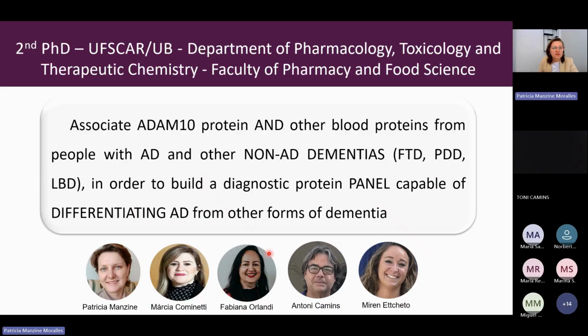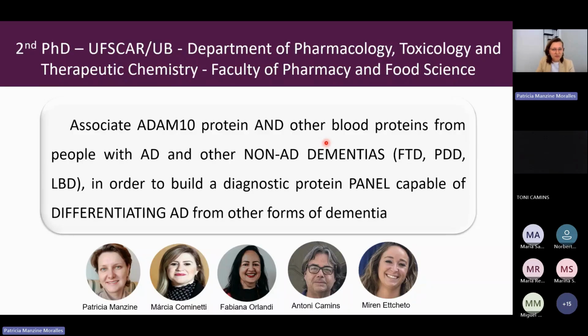I'm currently also developing a second doctorate. It's a collaborative study between Brazil and the University of Barcelona, in the Department of Pharmacology, Toxicology, and Therapeutic Chemistry in the Faculty of Pharmacy.